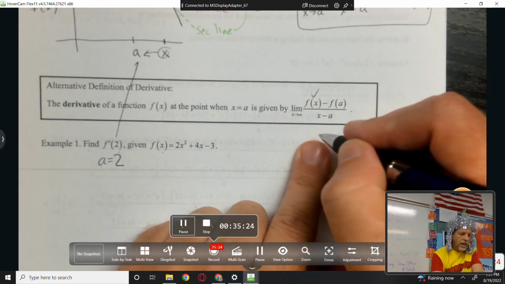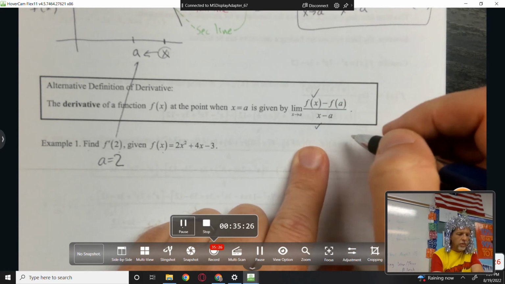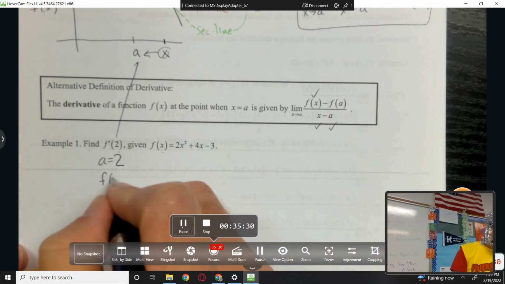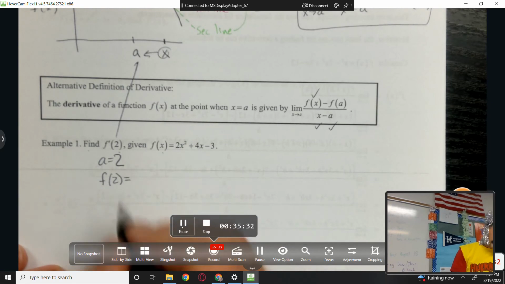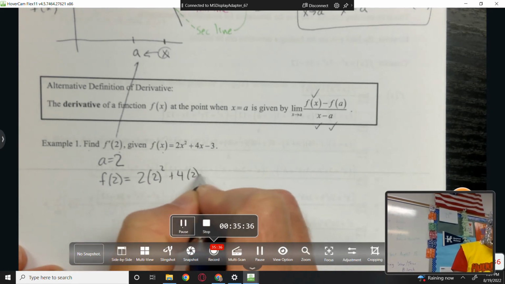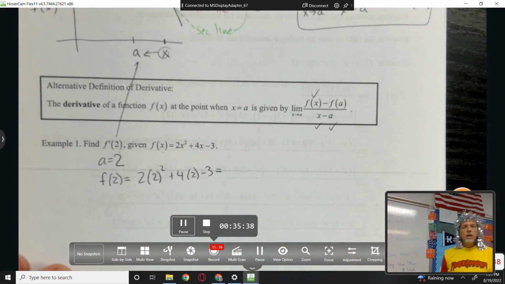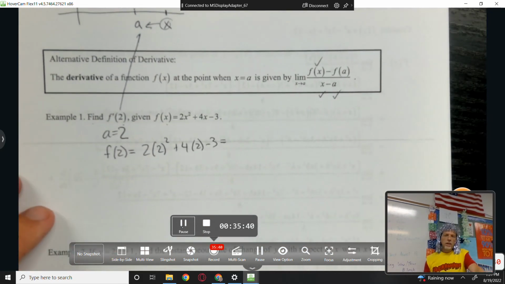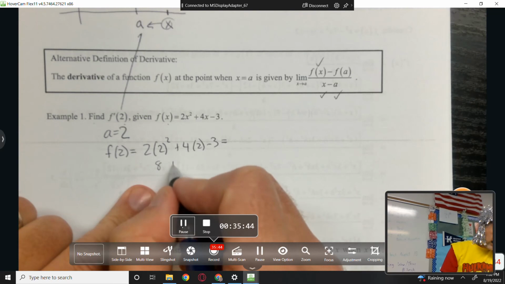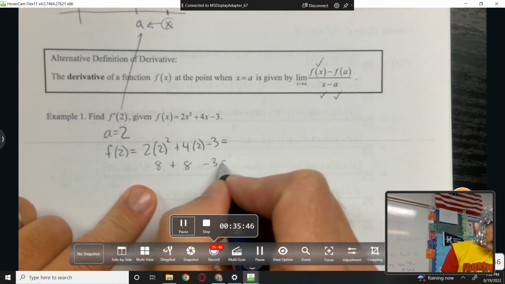X I know, because x is just a variable. A I know. I need to find f of a, which is f of 2. So we plug in 2. Let's see. 2 times 4 is 8. Plus 8 minus 3 is 13.